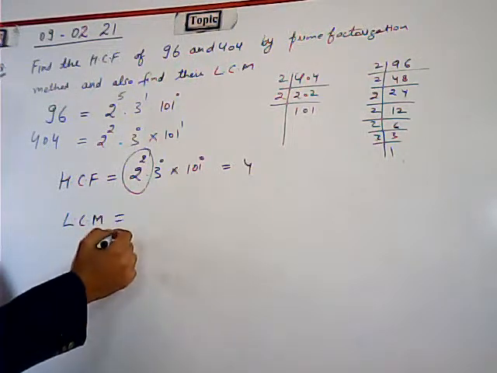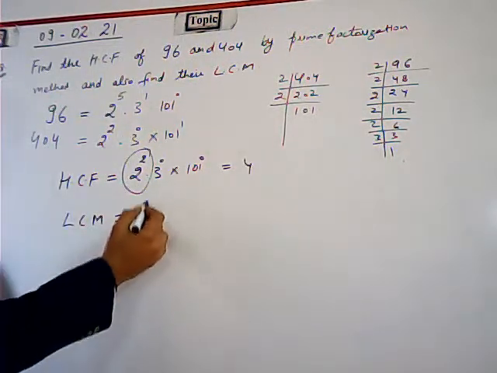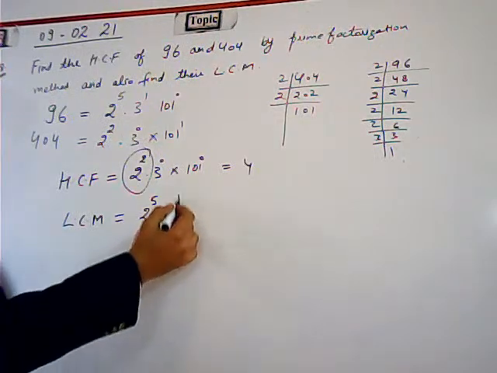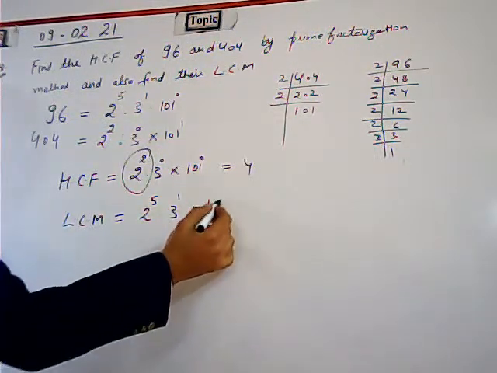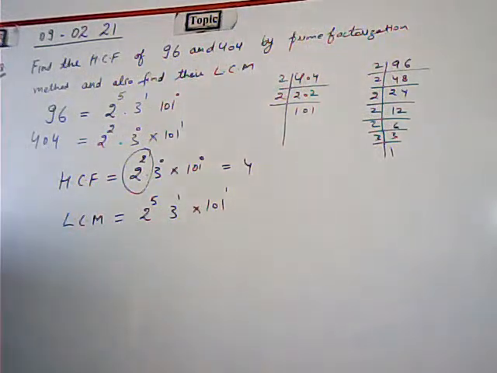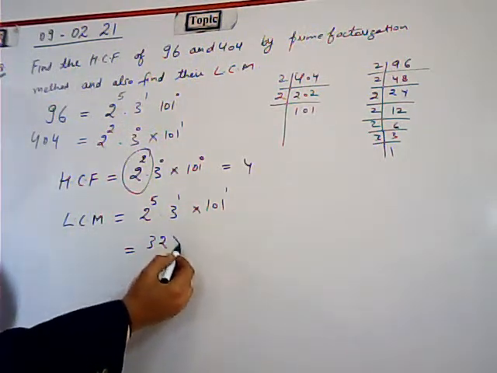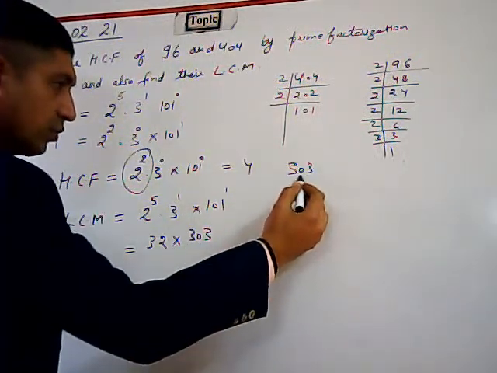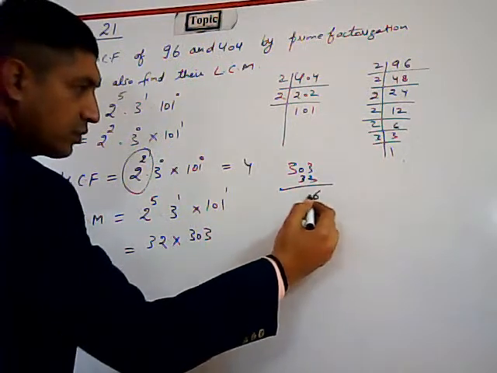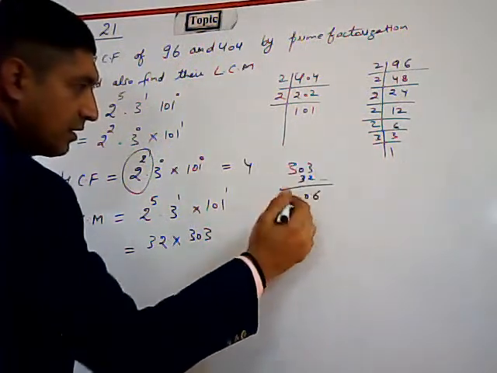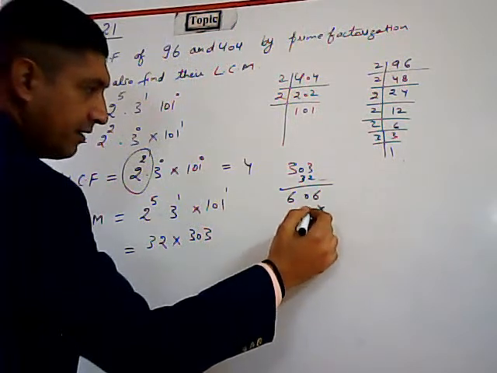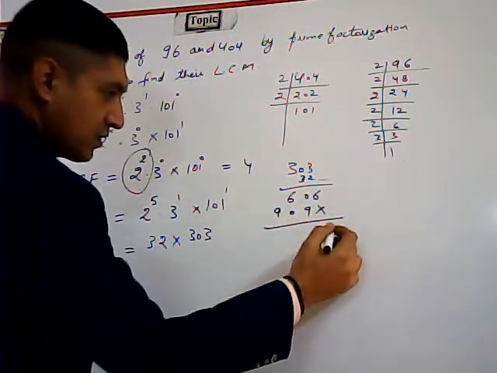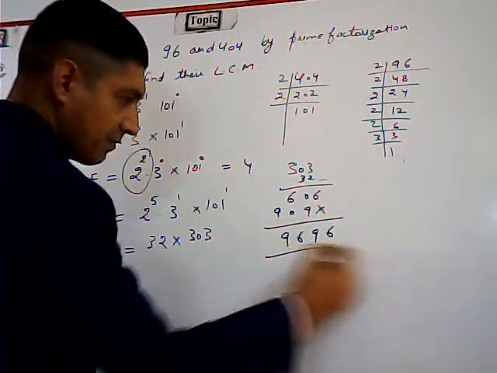LCM, highest powers, that is 2 raised to power 5, 3 raised to power 1 into 101, right? So we can multiply here 32 into 303, right? 303 into 32 gives 9696.